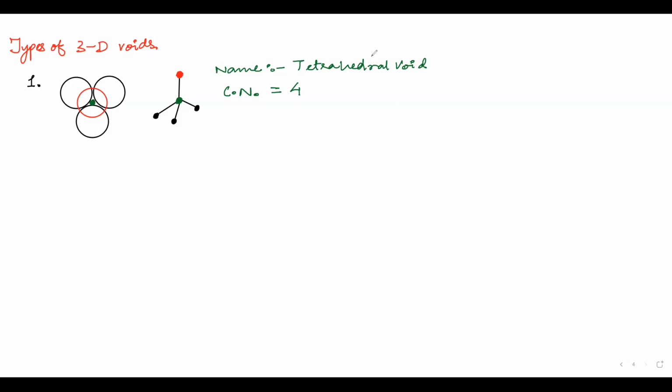A second is much easier. You try to make a square planar void. Okay. First of all, you make 4 atoms which are connected like this.